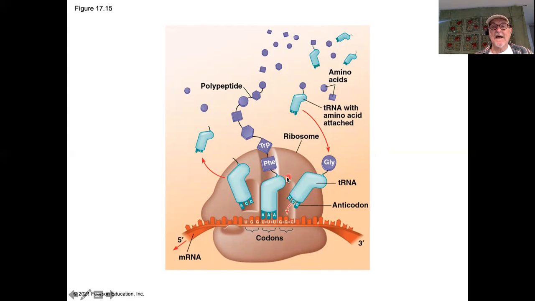They're called the A site here, the P site here, and this one here is called the E site. A, you can remember, is the amino site. This is where the amino acids are going to be brought in. The P site, the polypeptide site, is where you'll most often see the chain of polypeptide. The E site is the exit site.